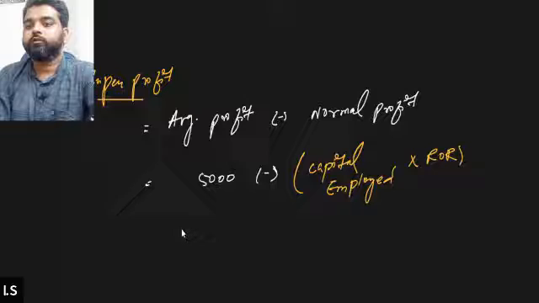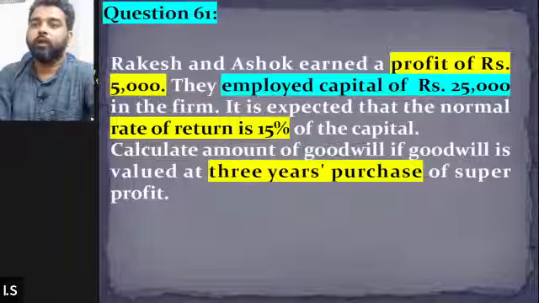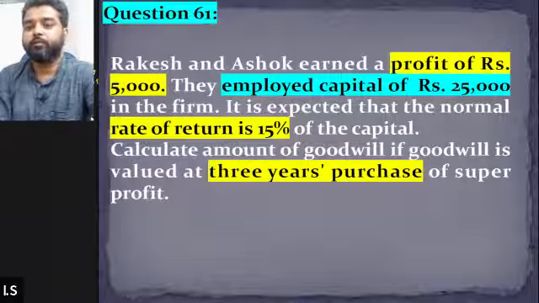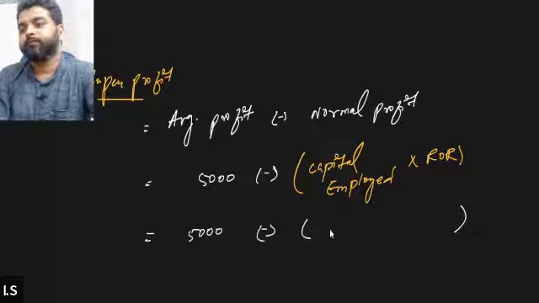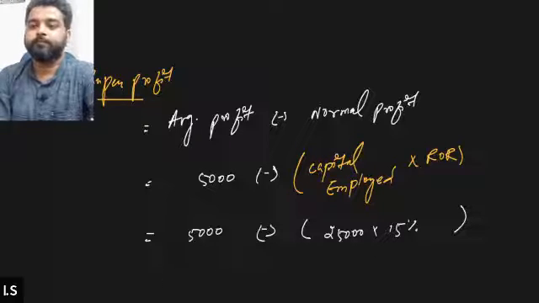So this is 5,000 minus the capital employed that is given in the question, 25,000, and the rate of return prevailing in the market is 15%. So 15% of 25,000 is how much, guys? 25,000 into 15%. Tell me. 3,750.